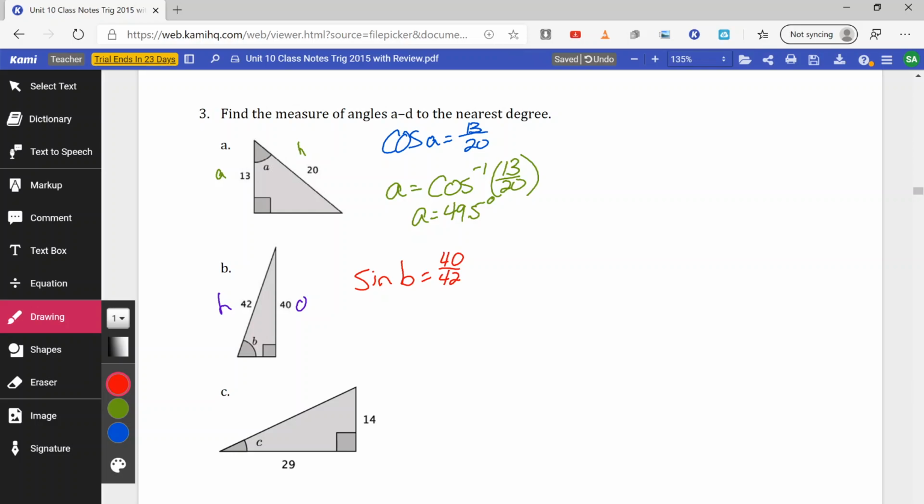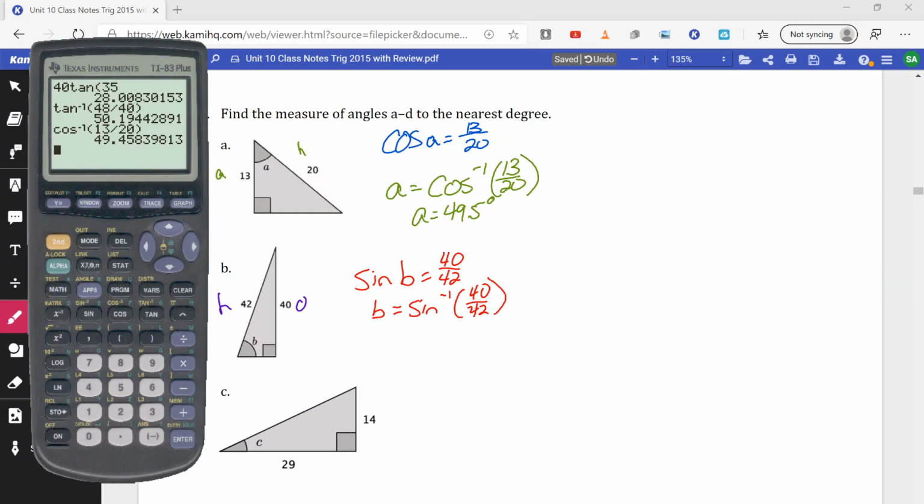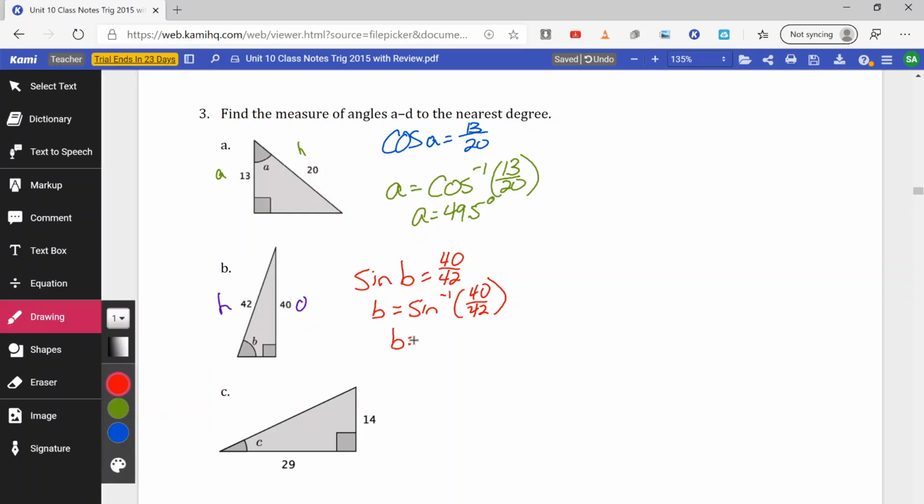So to figure out what B is, I have to take the arc sine, which is just sine to the -1 of 40 over 42. So we'll use the graphing calculator here to get 72.25, 72.2, rather 72.3 degrees.